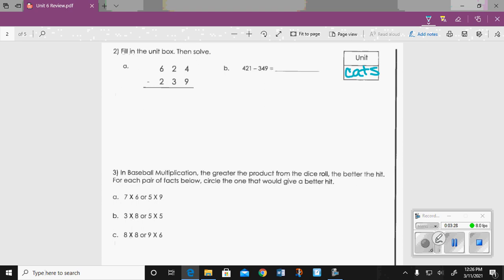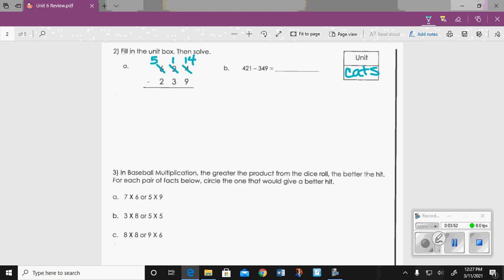So, 4 minus 9. If I have 4 ones, I can't take 9 away from, so I'm going to come over here and trade with my 10. So I'm going to take one of those, so now I only have one. I'm bringing 10 ones over here. I already had 4, so that gives me 14. Now I want to check my 10s. If I have 1 ten, I can't take 3 tens away, so I'm going to trade with my hundreds.